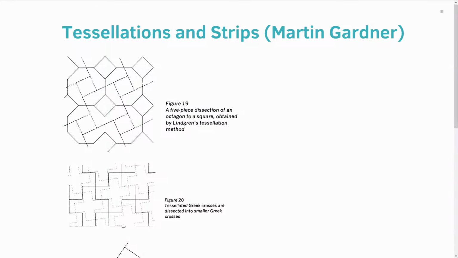So from the column by Martin Gardner, he mentions two main methods for finding these polygon dissections. One is to start with a tessellation, for example, a tessellation of squares, big squares and little squares. Here's a big square, here's a little square, overlaid with a dissection of octagons and squares. With those two combined and overlaid, you can get a 5-piece dissection of a square to an octagon.